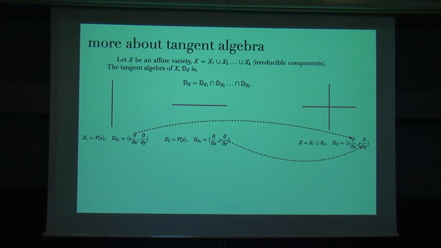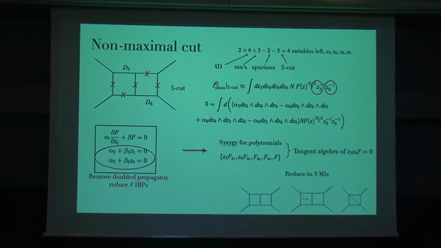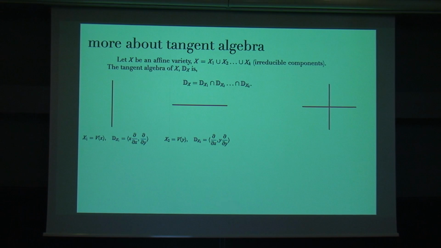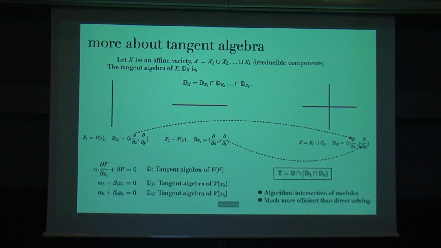actually, from a mathematical viewpoint, it's not very good to solve the whole thing together, because this one is a quite singular surface, a quite singular curve. It's reducible. So in this case, you'd better solve them separately. You do the primary decomposition of the whole surface, of the whole curve. You solve them one by one: you solve for the first one, you get one tangent algebra, and you solve for the last 2.